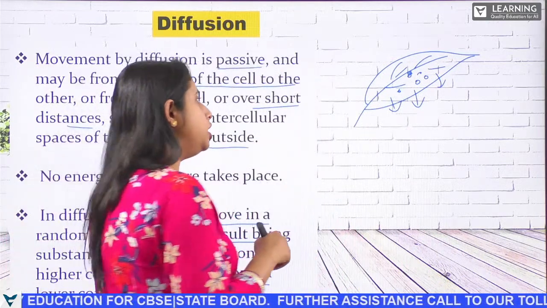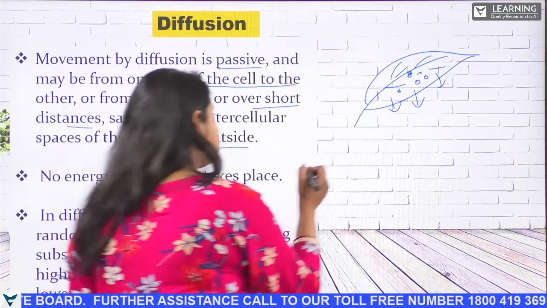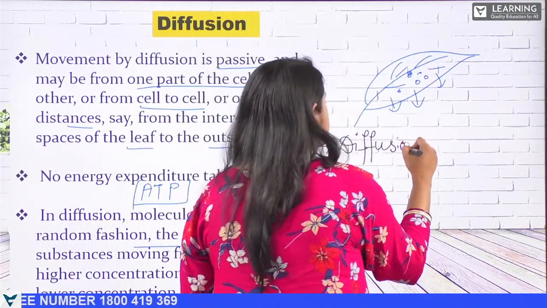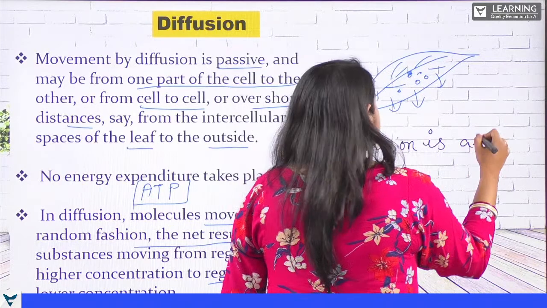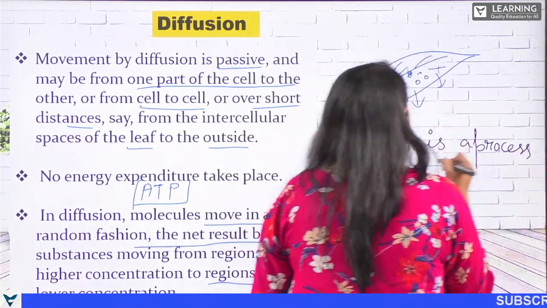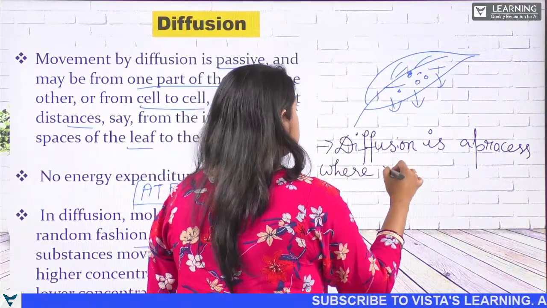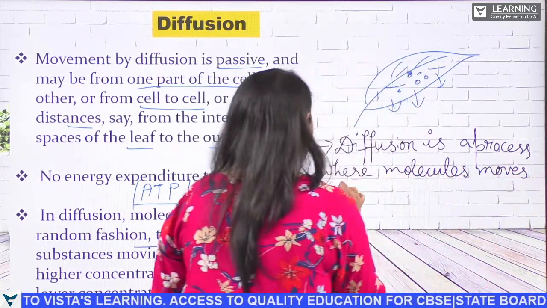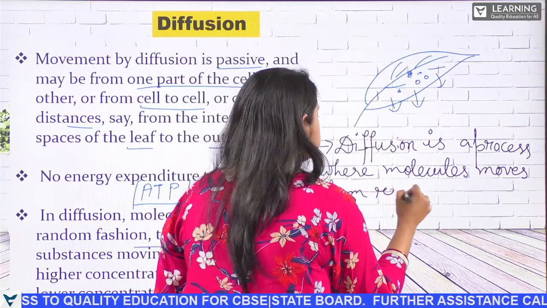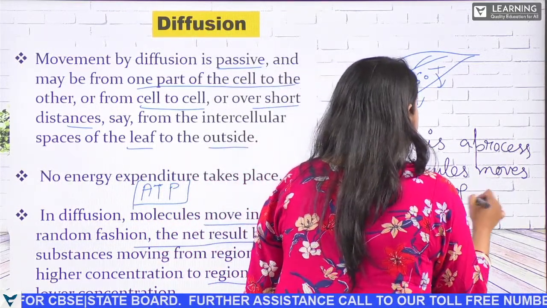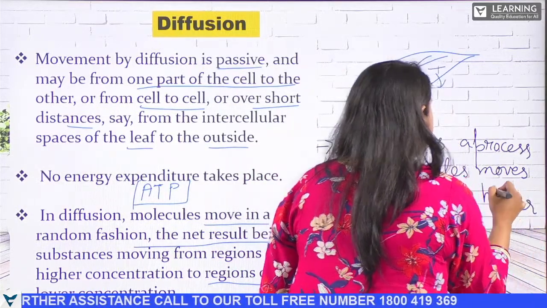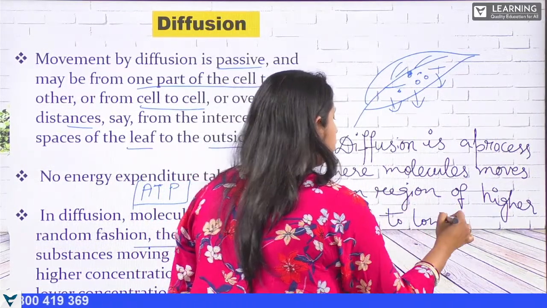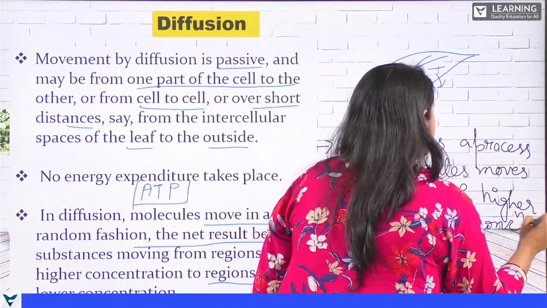So what is this diffusion? You can write it down that diffusion is a process where molecules move from a region of higher concentration to lower concentration.